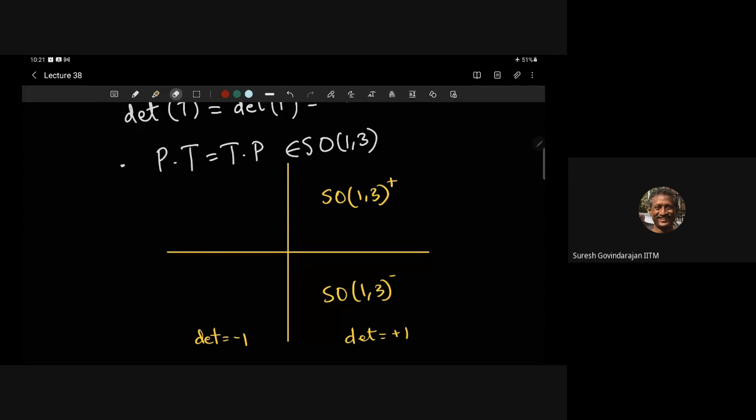Okay, so the plus refers to M00 being positive. Your minus means not determinant; determinant is already there.